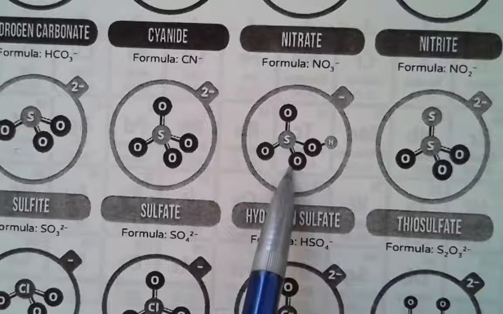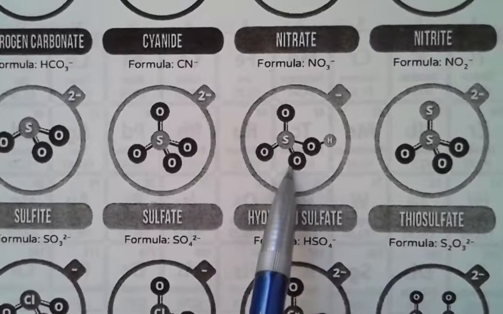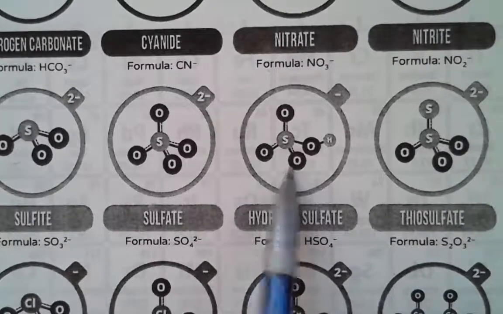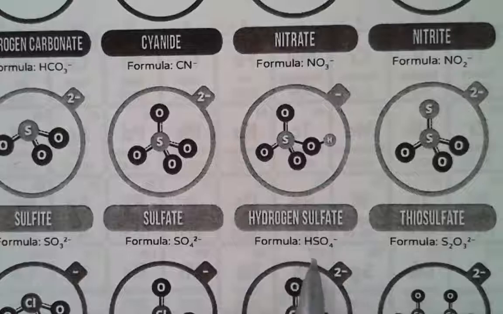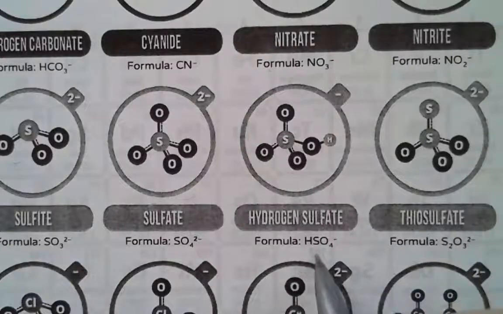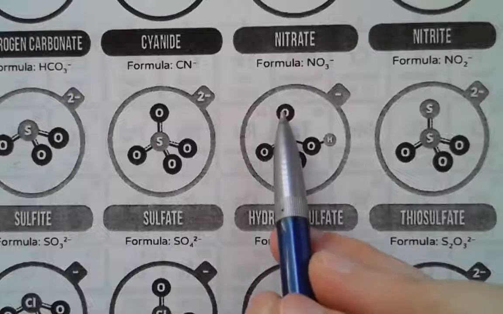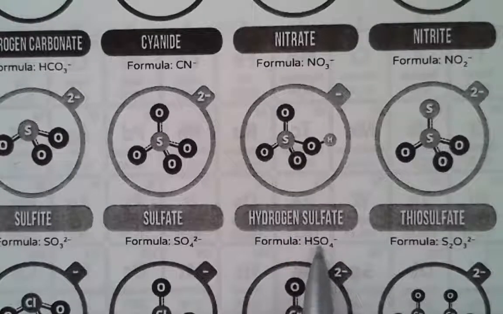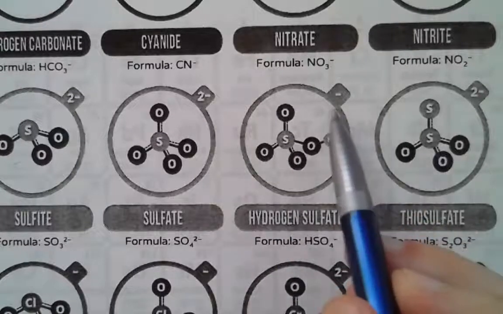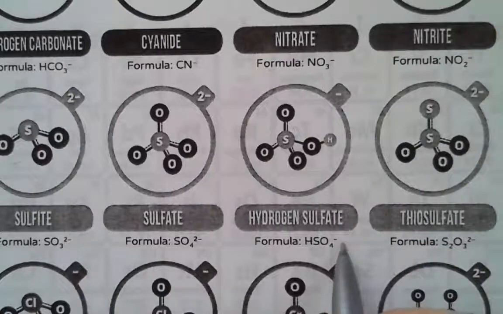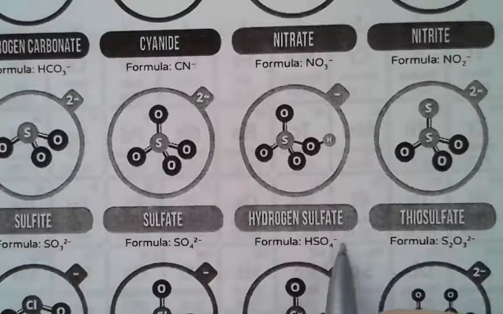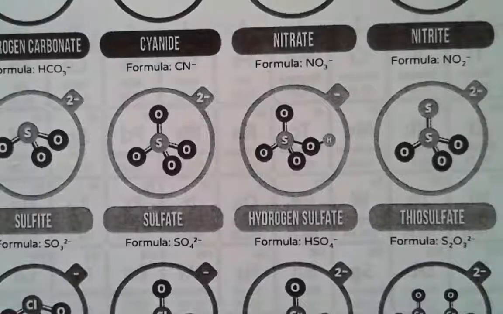So that whole thing is a polyatomic ion. It's got the atoms, and if you check down here, this formula is kind of a shorthand for it. It's got 1 hydrogen, 1 sulfur, and 1, 2, 3, 4 oxygens. And that charge is right there. It's got a charge of 1 negative. If you are staring at this and you're like, why?